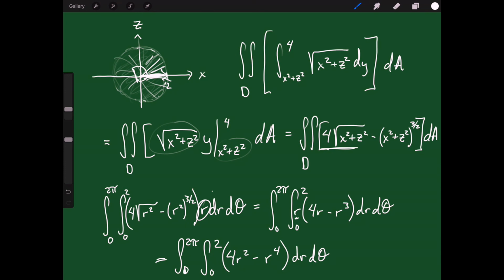Now I can integrate this thing with respect to r. If I integrate with respect to r, I get integral from 0 to 2 pi. Antiderivative with respect to r is going to give me 4/3 r cubed minus 1/5 r to the 5th evaluated from 0 to 2, d theta.